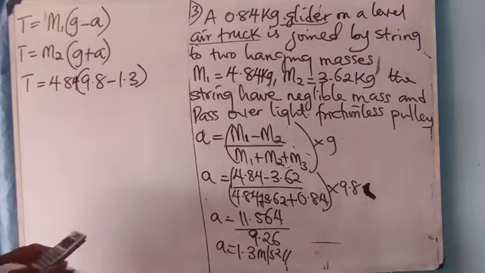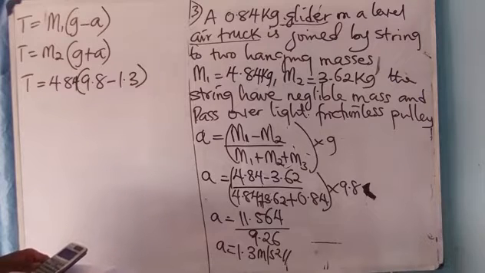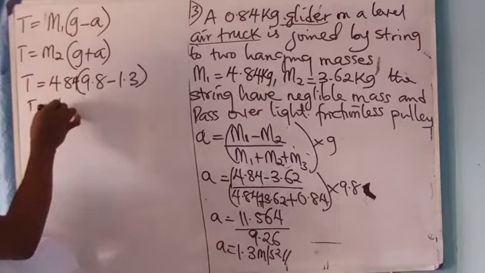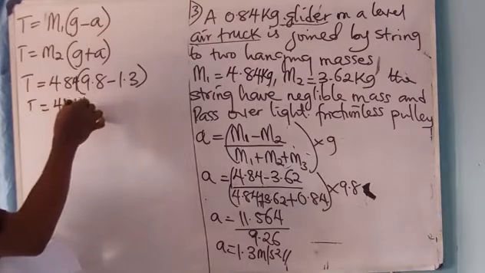So you say 9.8 minus 1.3 equals 8.5. 8.5 times 4.84 equals 41.14 Newton.